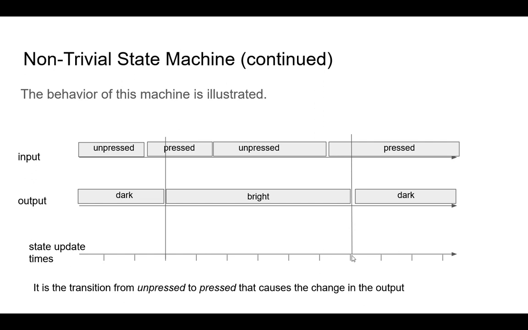We had our finger off the switch. Then at the following transition we were pressed, so it wants to take the output from bright to dark. So this describes the behavior of the machine we want to put together.